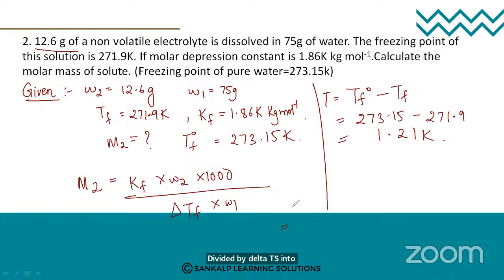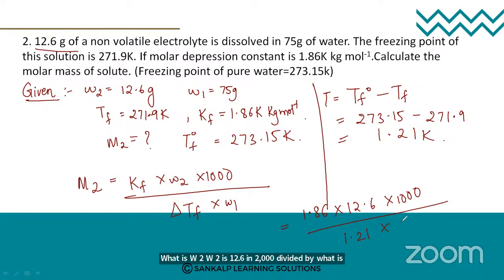Kf is 1.86. W2 is 12.6 into 1000 divided by delta TF, which is 1.21, into W1, which is 75. Solve and see what is the answer. The answer should be in gram per mole.